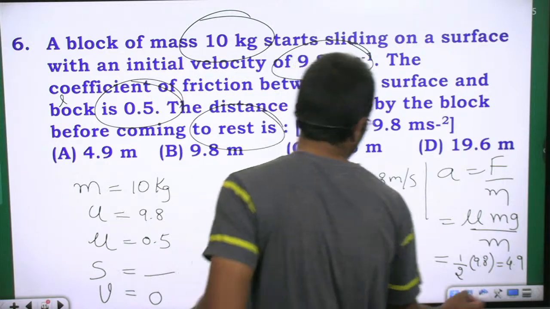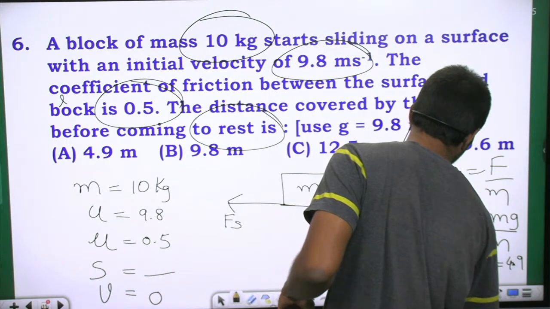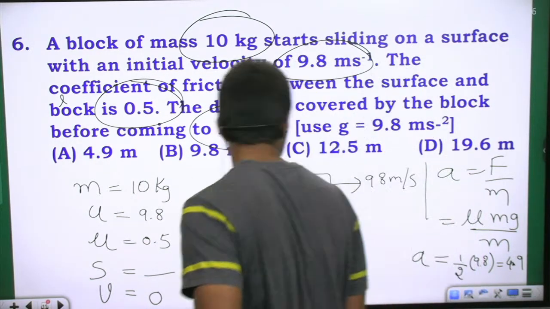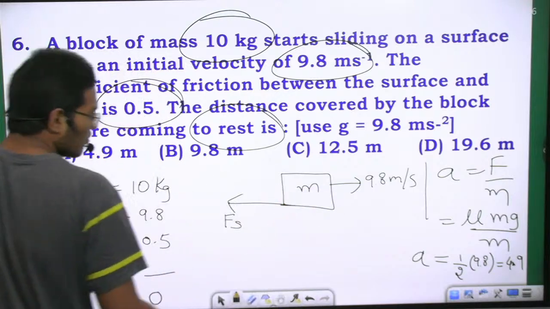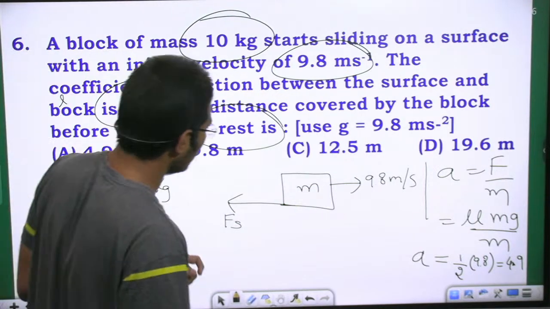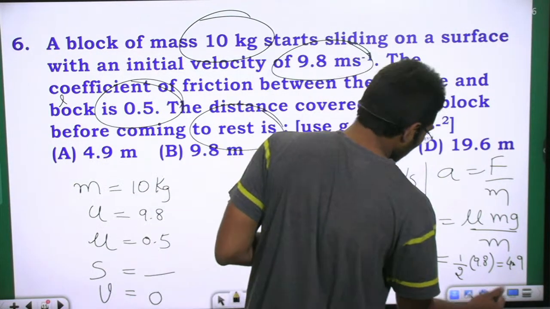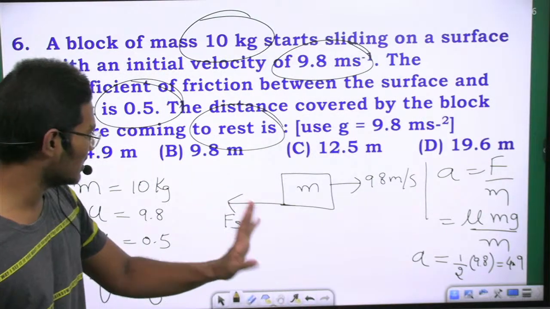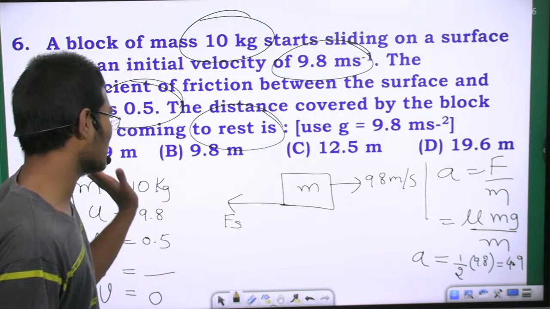So the acceleration of the block is minus 4.9. If we want to say it very strictly, it is not acceleration, it is a deceleration.